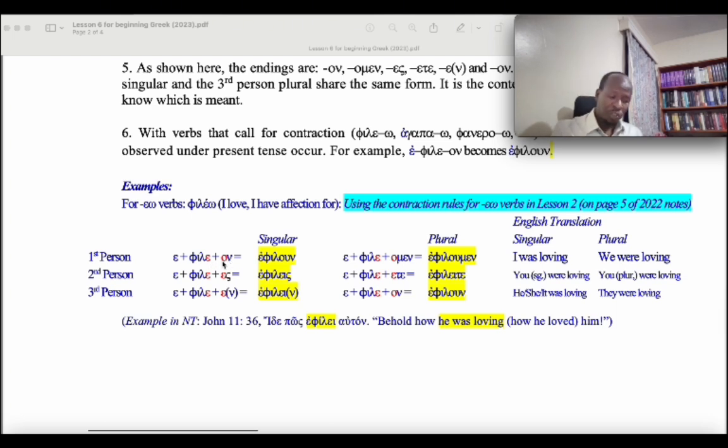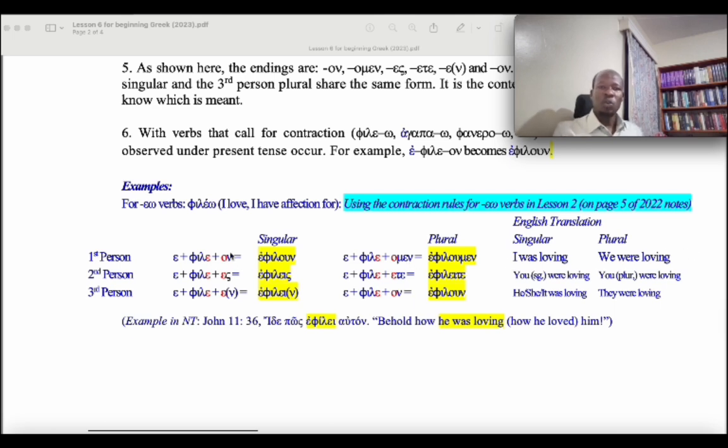Epsilon plus omicron will give you the diphthong ou. So the result is ephloun, I was loving. The same rule applies here: epsilon, phile, so epsilon plus omicron with the ending gives ephiloumen.